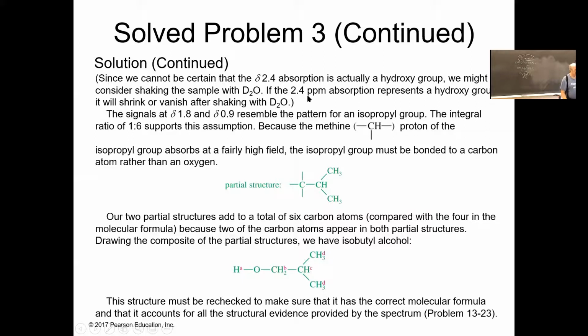If the 2.4 ppm absorption represents a hydroxyl group, it will shrink or vanish after shaking with D2O. Okay, if we have an alcohol, D again is a heavy isotope of hydrogen.